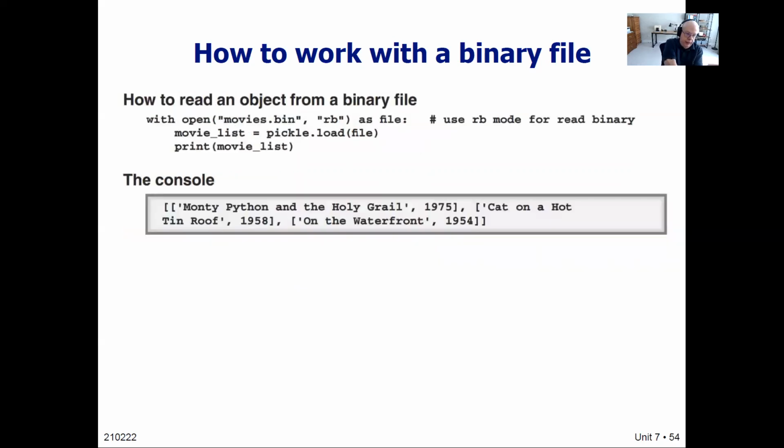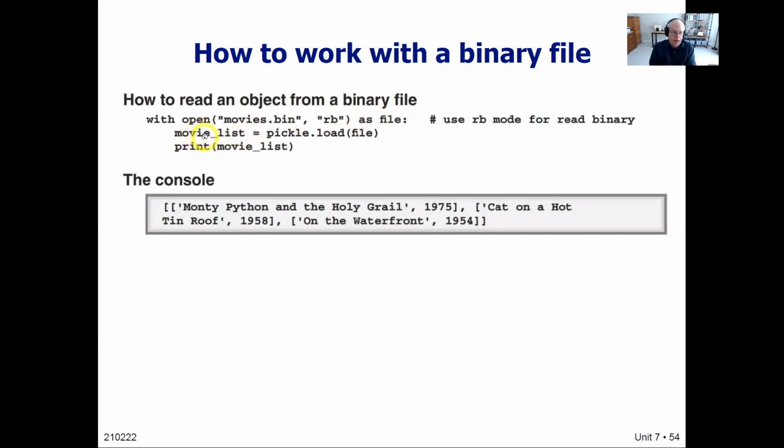To read the object, we're going to open the file that we have created. We'll open movies.bin here in RB. Notice we have to have a mode for binary read. It's not a default. So RB has to be there. And we're creating the file object, which is going to be a binary read. Okay.